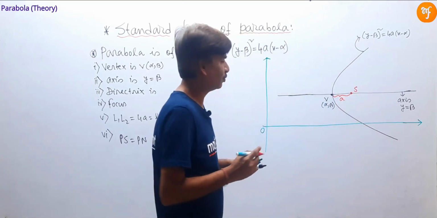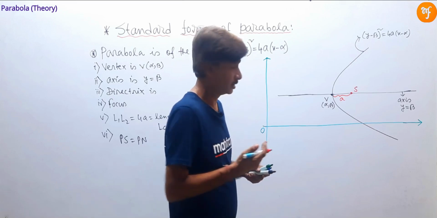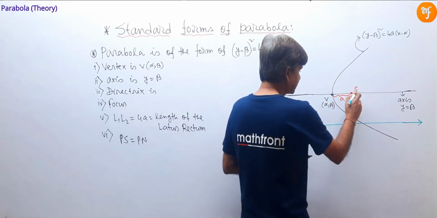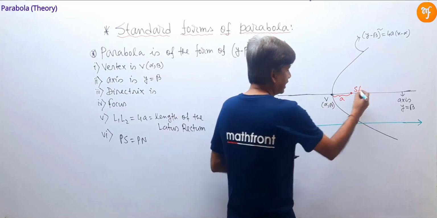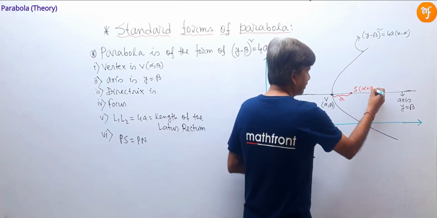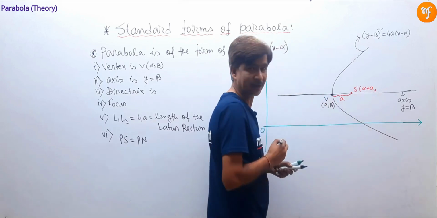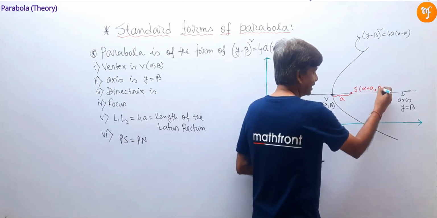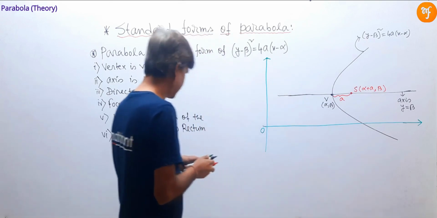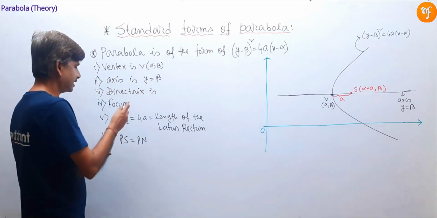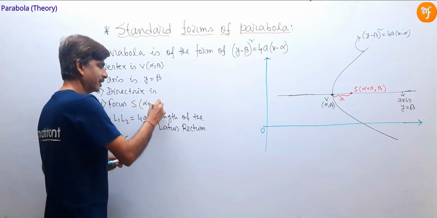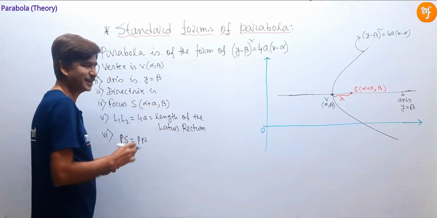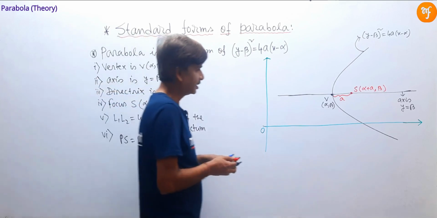So what will be the coordinate of the focus? Definitely the focus has x coordinate alpha plus a and y coordinate beta. So focus S has coordinate alpha plus a comma beta.